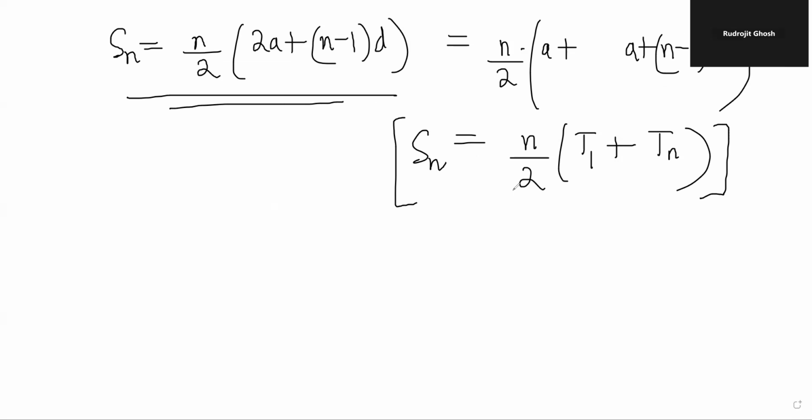Yes, sir. So these are your formulas for sum of n terms of an AP. Similarly, you can understand a GP, which is a geometric progression where the terms are multiplied by some constant. So every time there is a common ratio R that is multiplying any term to get the next term.